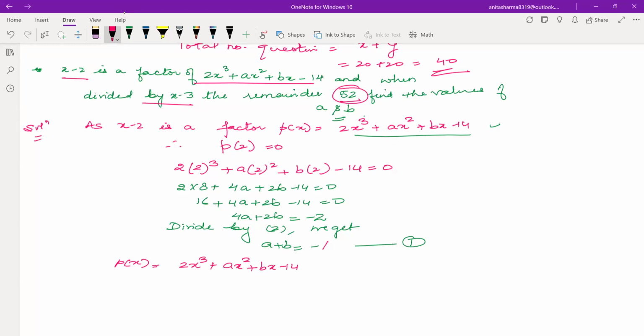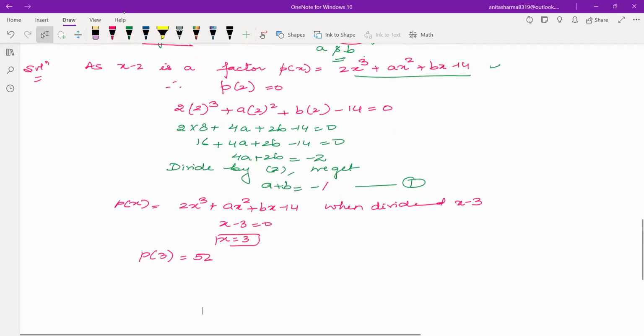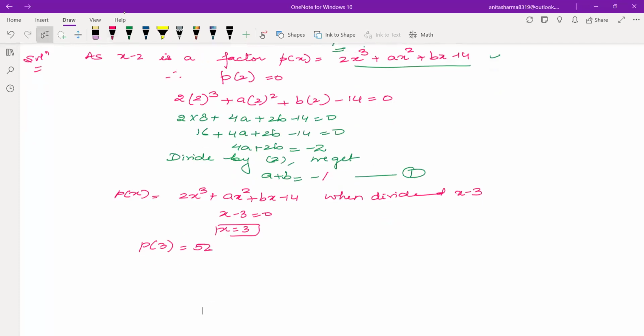When divided by x minus 3, x minus 3 will be equal to 0, then the value of x will be 3. Now put this value in this equation, so p(3) will be equal to 52. When the given factor is not completely dividing the polynomial, then after substituting that value you will get some value which is not equal to 0. If it comes equal to 0, that means it completely divides.